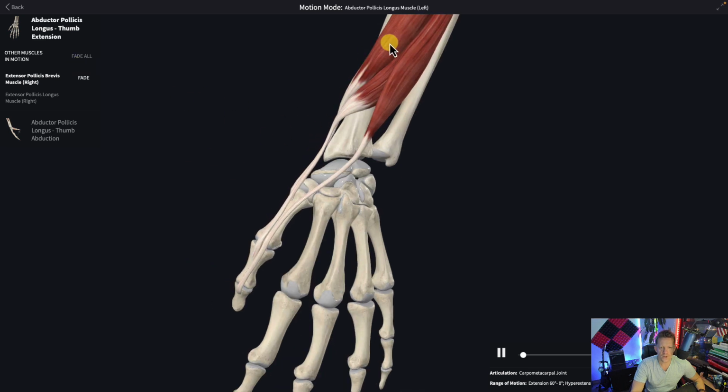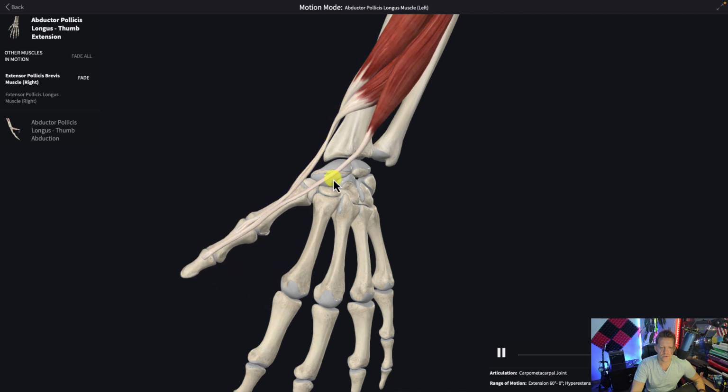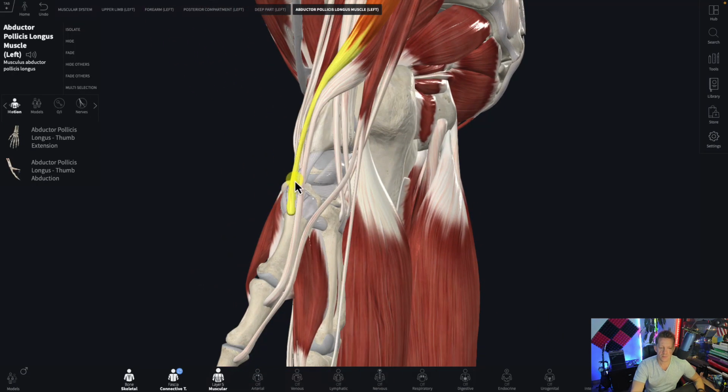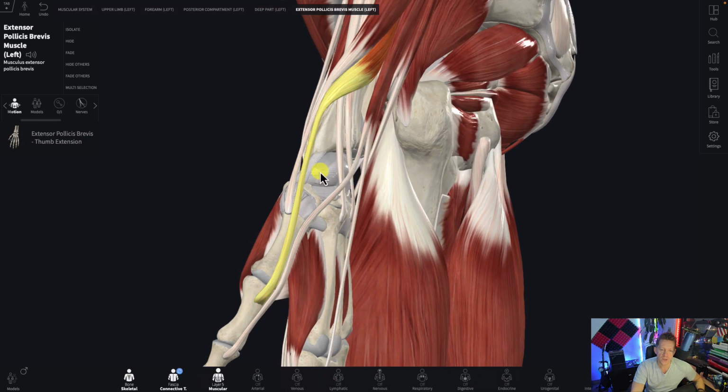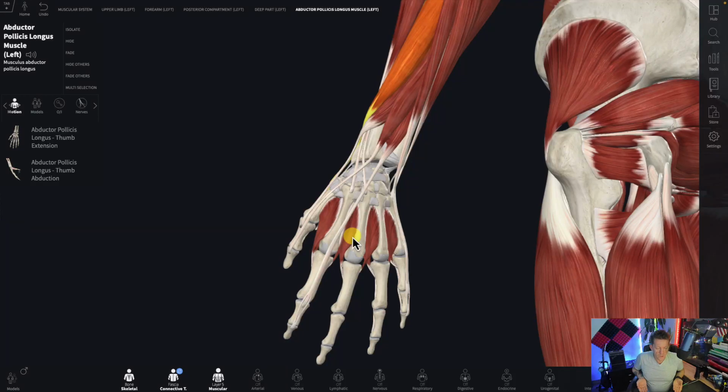This one is abductor pollicis longus and this one is extensor pollicis brevis. Basically, abductor pollicis longus and extensor pollicis brevis work together. Abductor pollicis longus abducts the thumb in the radial direction.